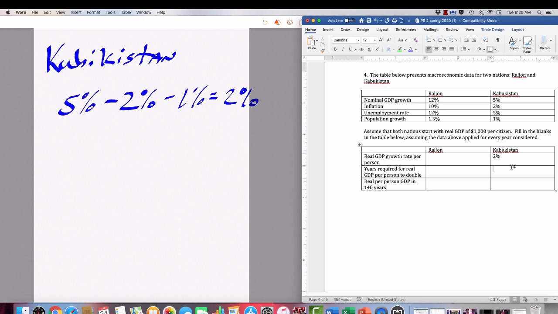The years required for real GDP to double, we take 70 divided by 2%. Oops, sorry, back that up. That's 70 divided by 2, so real GDP is going to double in 35 years.